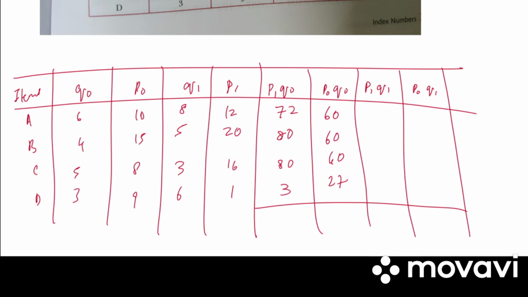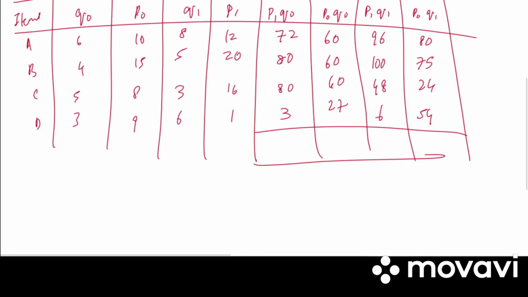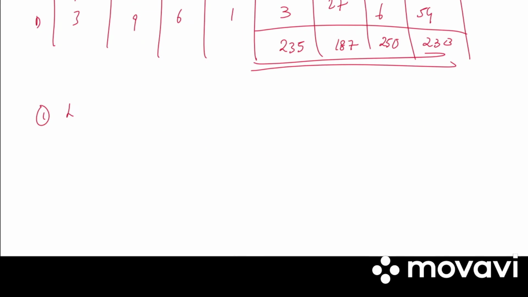P1 Q1: 12 × 8 is 96, 20 × 5 is 100, 16 × 3 is 48 and 6. Then P0 Q1: 10 × 8 is 80, 15 × 5 is 75, 24 and 54. So the totals are 235, 187, 250, 233.